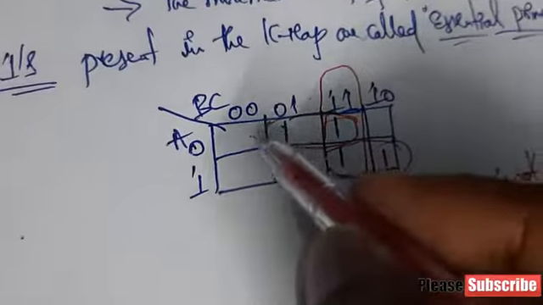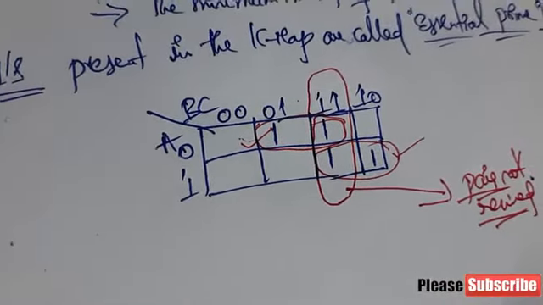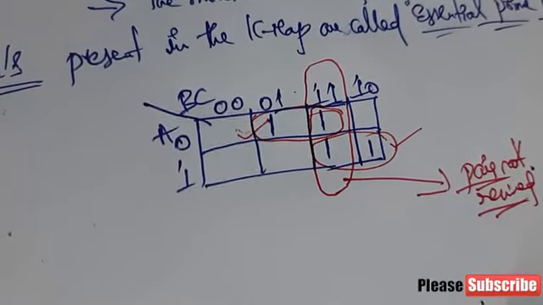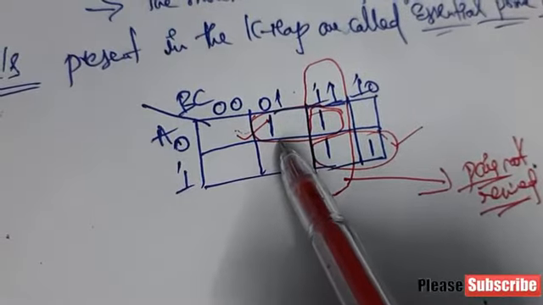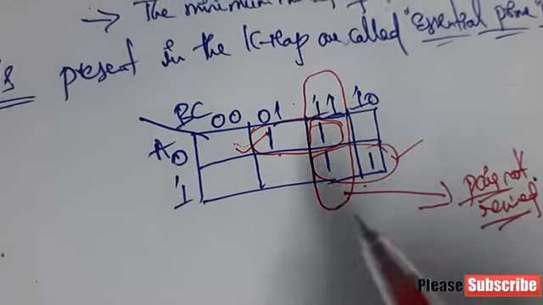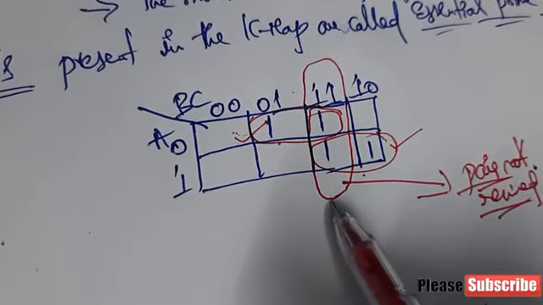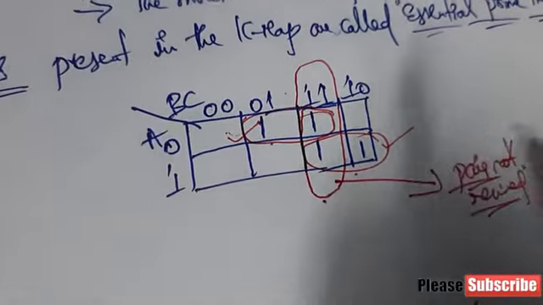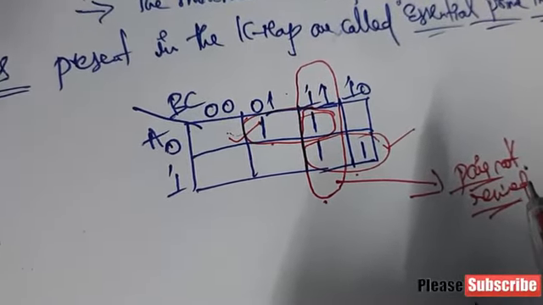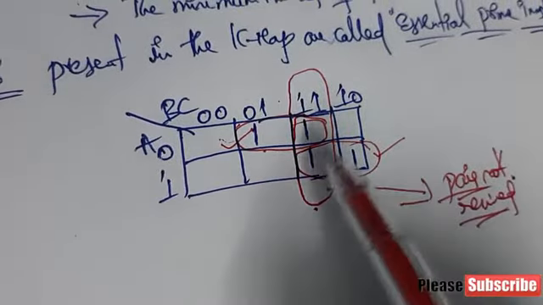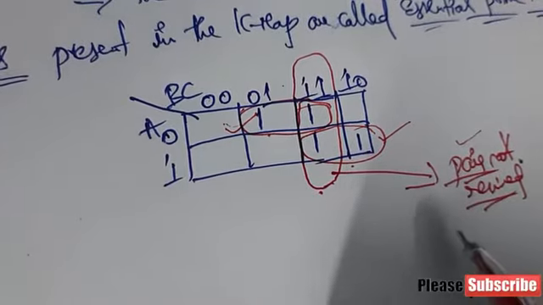This pair and this pair are enough to get the answer. Many people make this as one pair, this as one pair, and this as another pair. That will be a burden for your competitive examinations. So in order to reduce that strain, you can consider this pair not required.